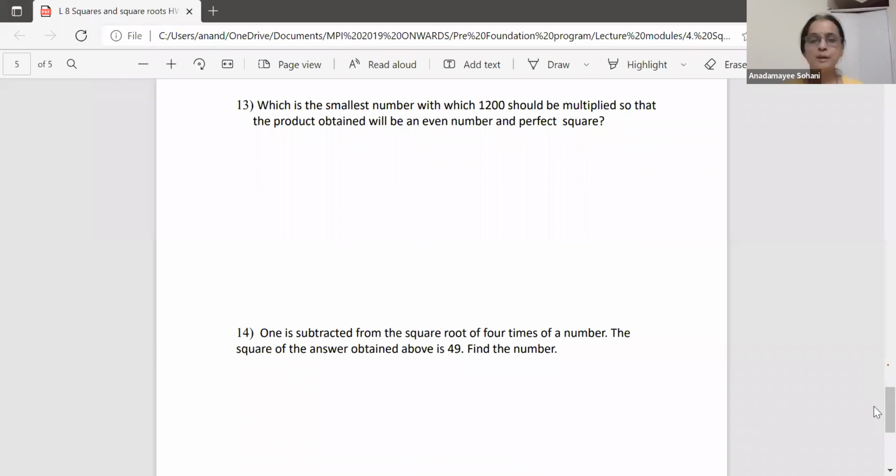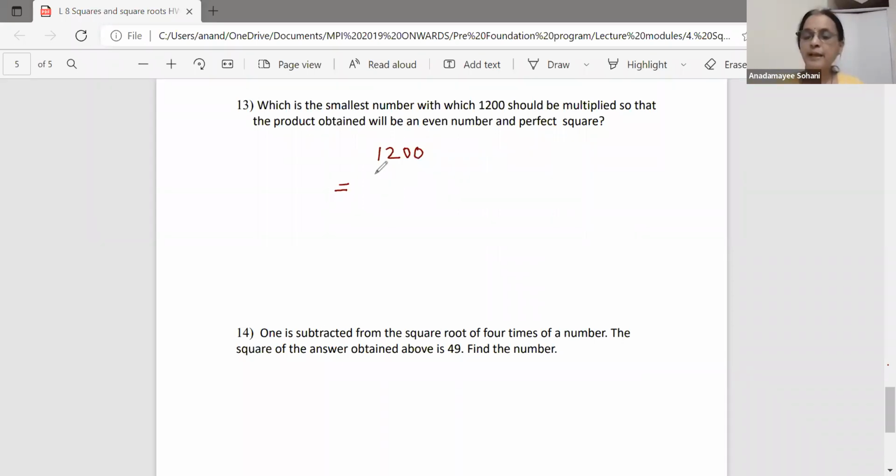Okay. Which is the smallest number with which 1200 should be multiplied so that the product obtained will be an even number and square. We saw the method. We will have to prime factorize 1200. We know that the factors of a square number are always in pairs. I will need a pair for every factor, and then the unpaired factor can be paired.